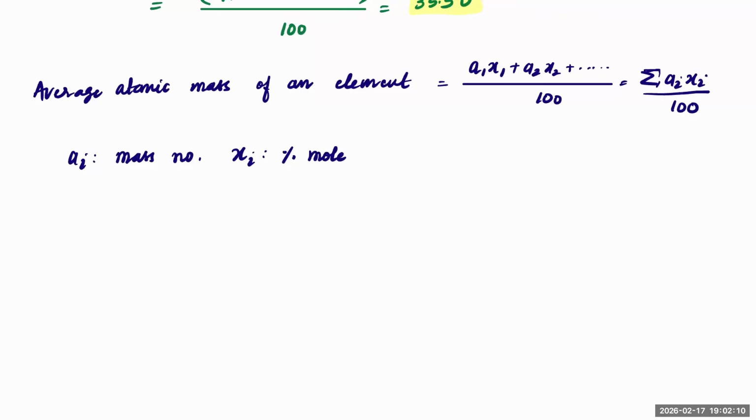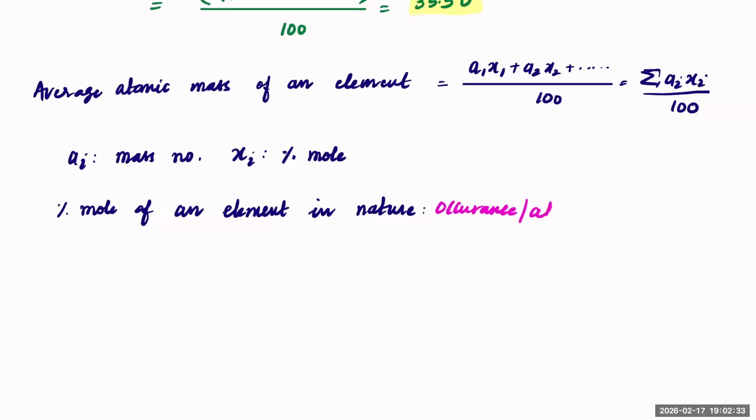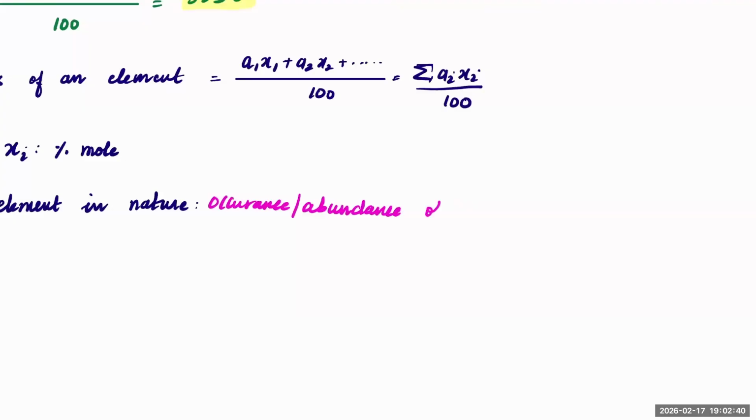Clear? Now this percentage mole, the percentage mole of an element in nature, how much percentage mole of that element is present, is called the occurrence or abundance of an isotope.